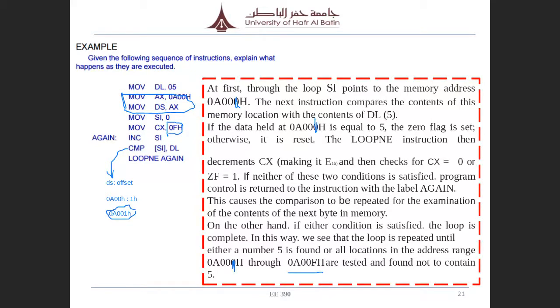If there is no 5, it will continue the loop for 15 memory locations, 0A001 to 0A00F. If any memory location has 5, then it will come out of the loop. That's it. Is it okay? Do you get it now?